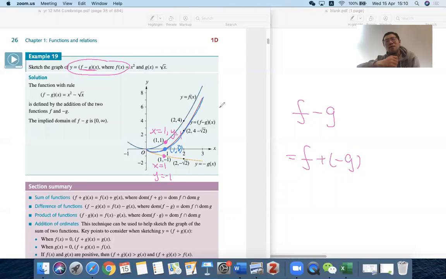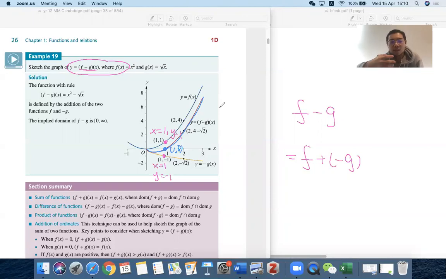So for our final year exams, this part is not that important. Okay, let me say it again. For our final year exam, this part 1D is not that important because, to be honest, it's pretty straightforward and it just takes you time to find enough points and use this addition of ordinates to get the graph accurately.